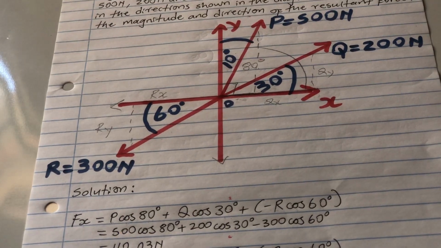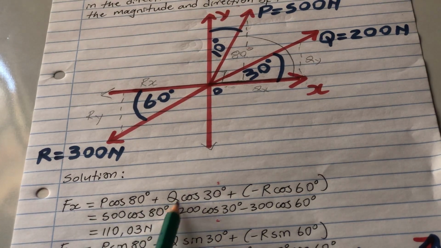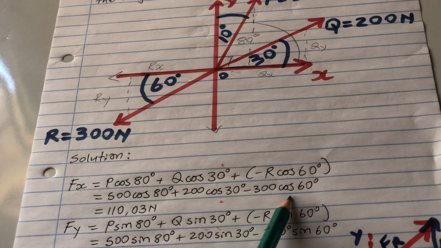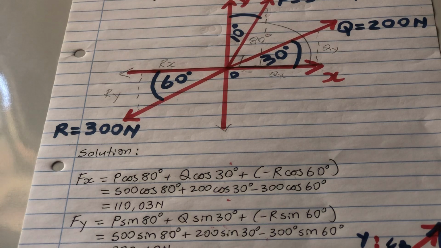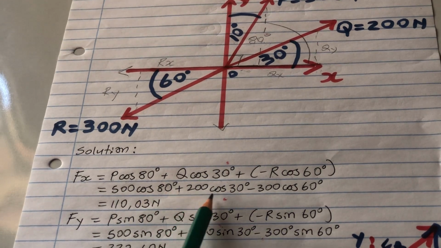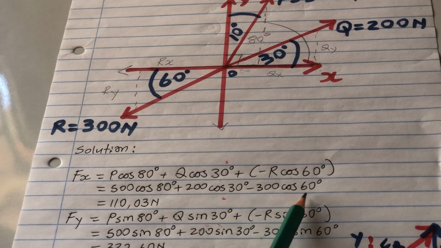Now, the next step, we put the values of P, Q, and R. That's why you can see that we have 500 cos 80 plus 200 cos 30 minus 300 cos 60. The next step, we use the calculator. You press 500 cos 80 plus 200 cos 30 minus 300 cos 60.